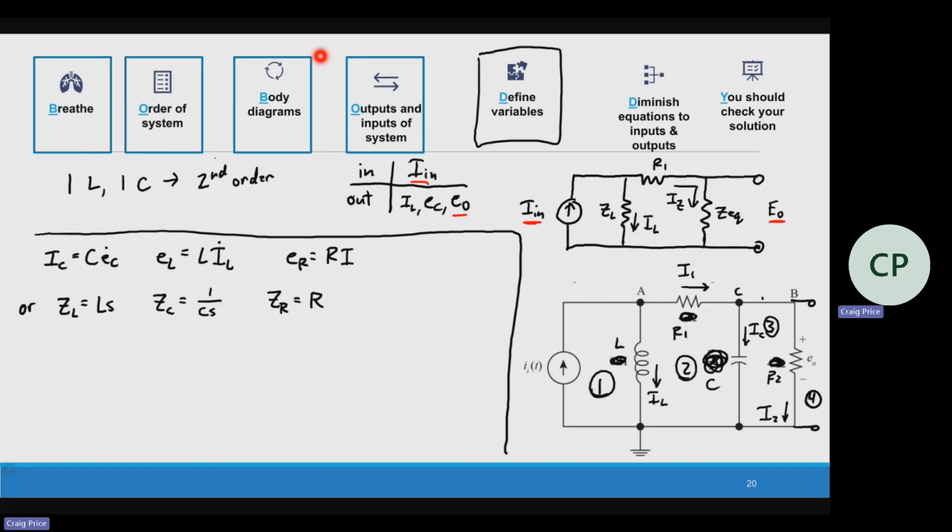If you want me to check something, I definitely can. We should end up with a second order transfer function.